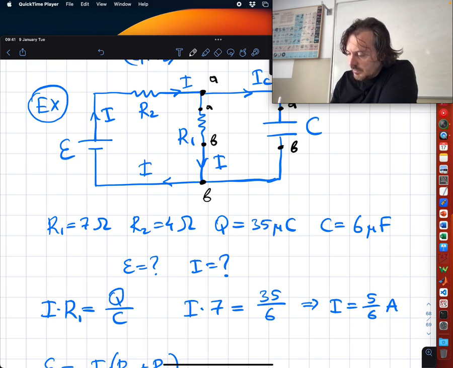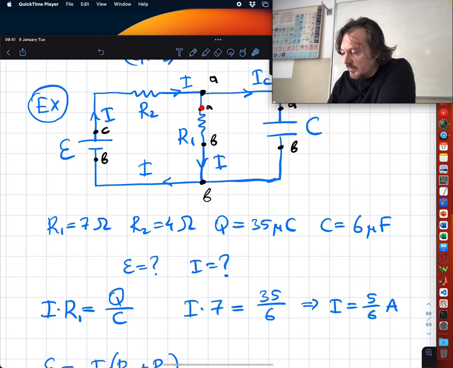Yes, so you see the point B here can be transferred here. This also has the same potential, but the point C here has a different potential because when I go from this point A over here, I encounter one circuit element. Do you see? Good.